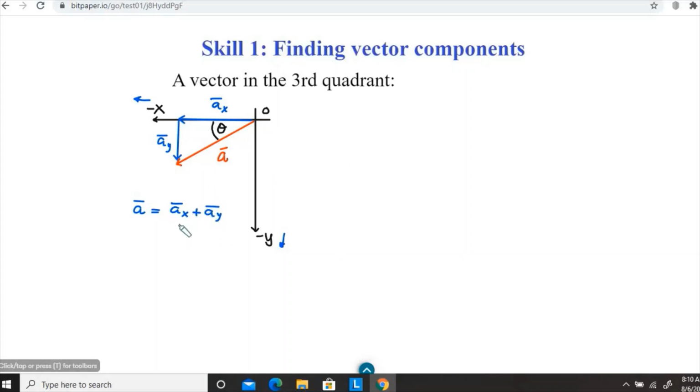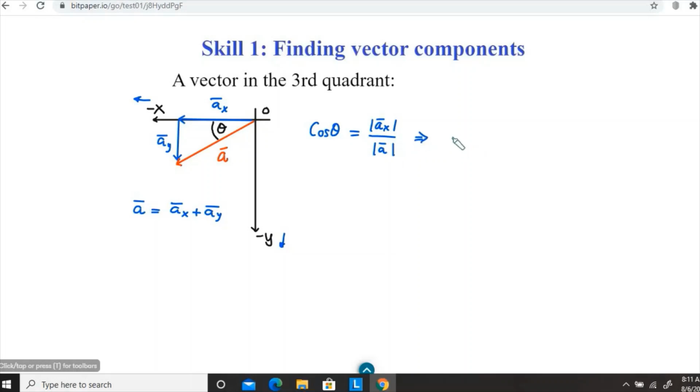Just like in the previous case, our objective is to find the magnitudes of ax and ay and their directions. The directions are obvious, but how do we find the magnitudes? We use the definitions of cosine theta and sine theta. Cosine theta can be defined as the magnitude of ax vector over the magnitude of A vector.